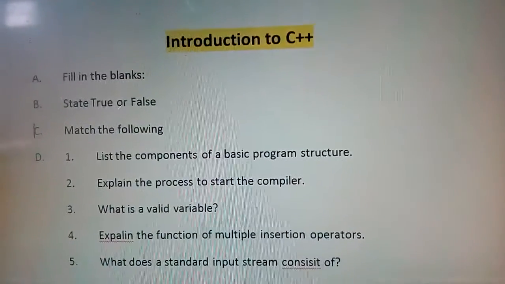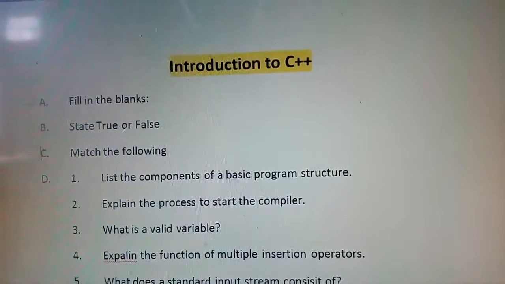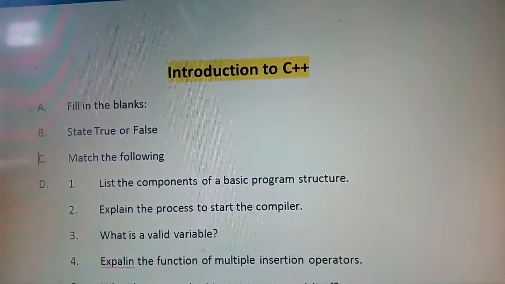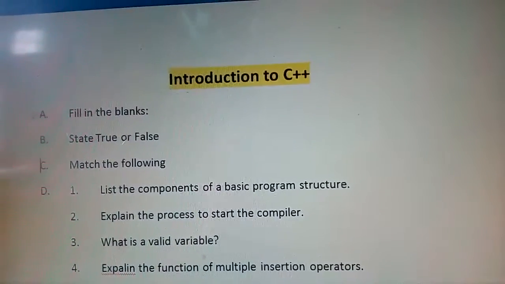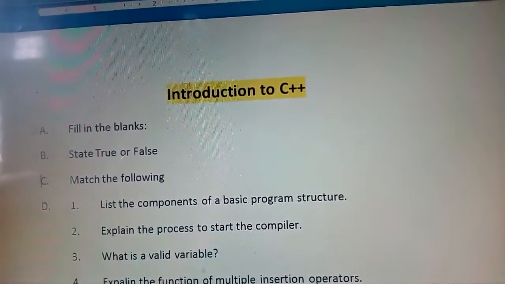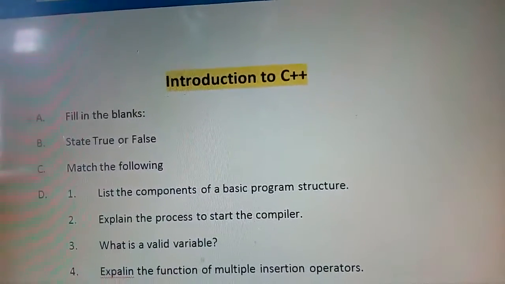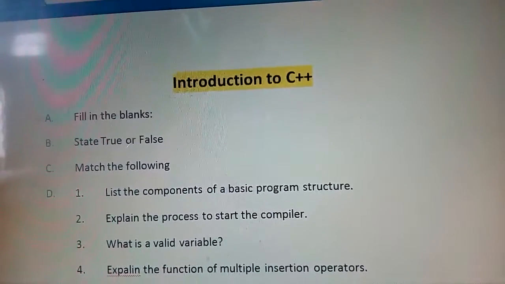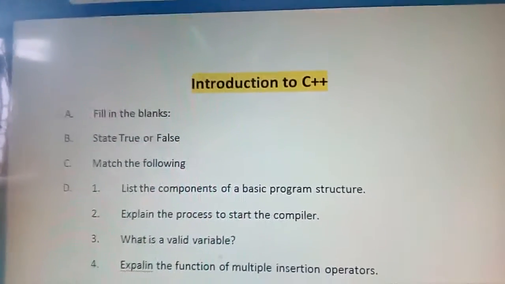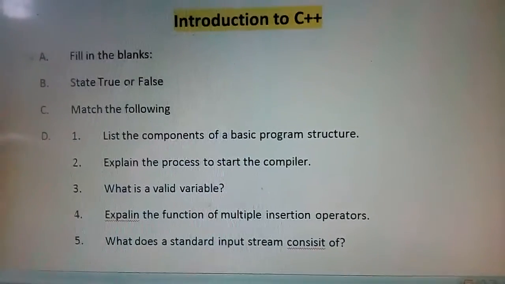Number 4, in C++ programming, the output occurs in the form of streams. Number 5, to receive input, most programs today use the keyboard as the standard input device, through which you can write the source code.